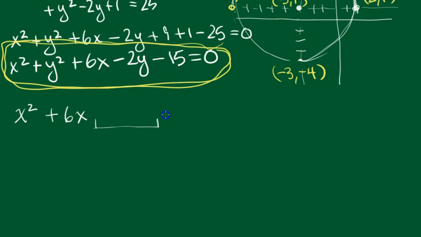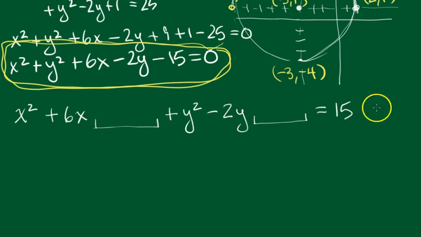And I collect my y business together, and I leave a gap. Now, where these gaps are, you know I'm going to add something to make a fancy form of the number 0. I'm going to move that constant over to the other side, and I'm going to put 2 gaps on the right.